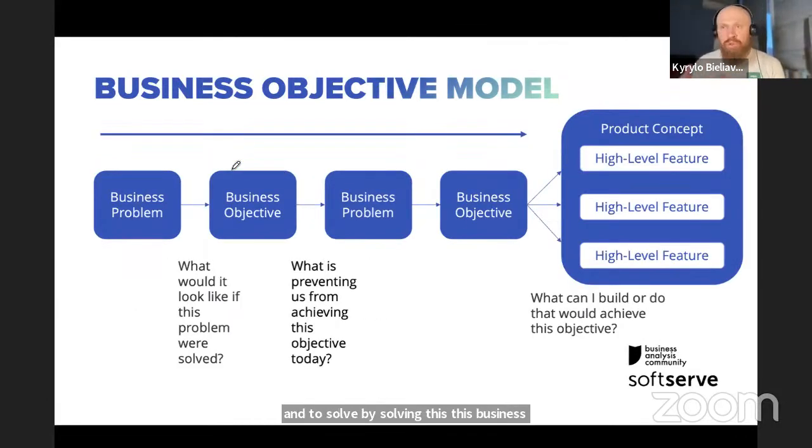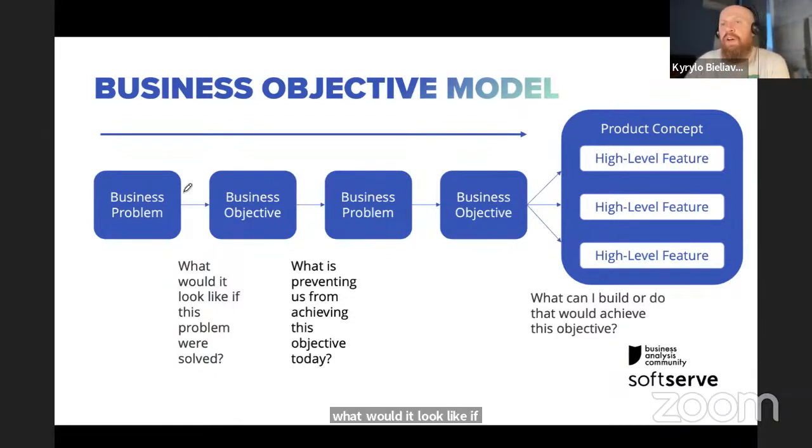What you do together with the client is try to build this business objective model for this case, for this project. The conventional way of building the business objective model is you start from the business problem of a higher level. You try to understand, okay, we have a certain problem, but what would it look like if this problem were solved?